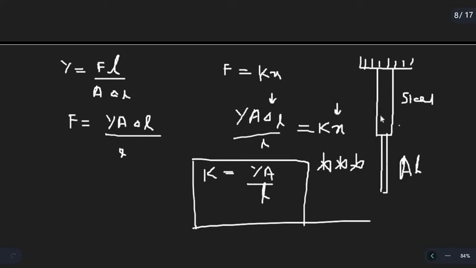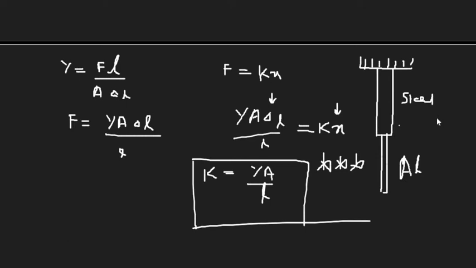And basically this is a series connection, right? Steel and aluminium are in series connection, so you can find the equivalent Young's modulus using that concept. Okay, this is a very important formula, and I will make you solve related questions, which are very easy actually if you learn these things. So your K equivalent, your spring constant, will be Y into A upon L, where Y is the Young's modulus, A is the area of cross section of the body and L is the length.